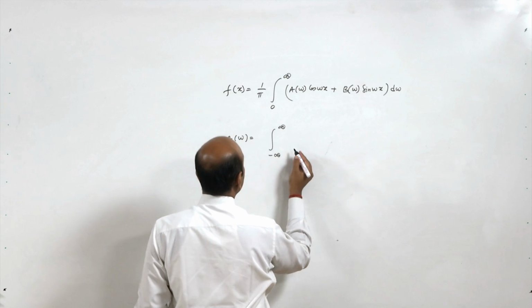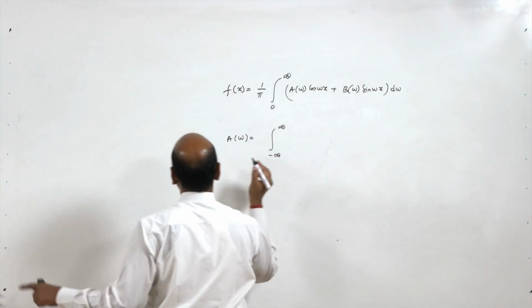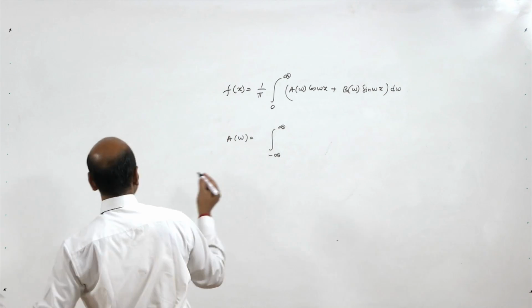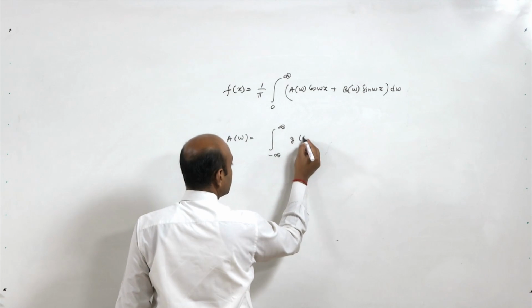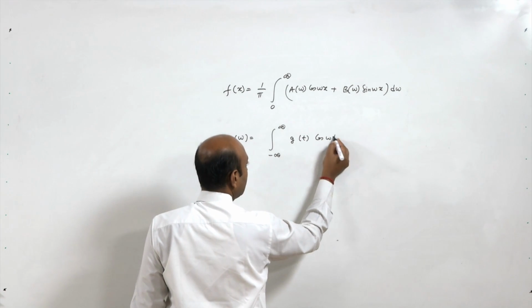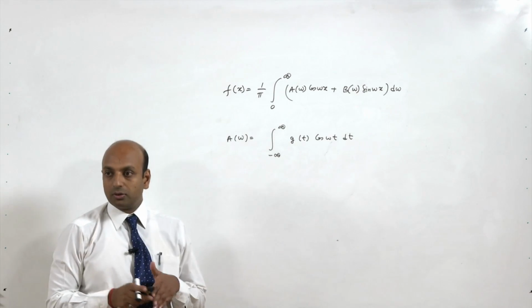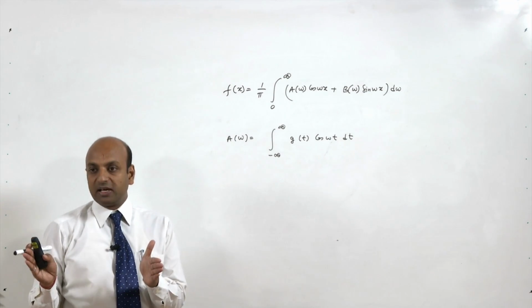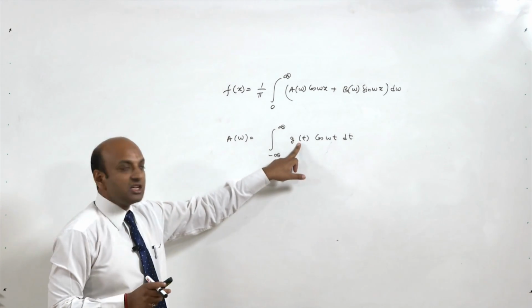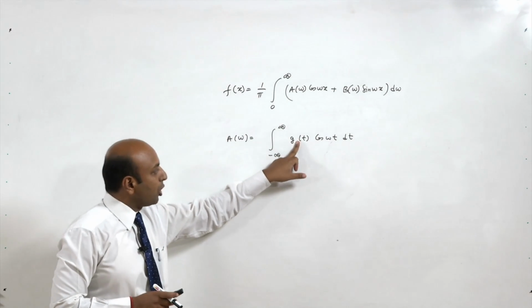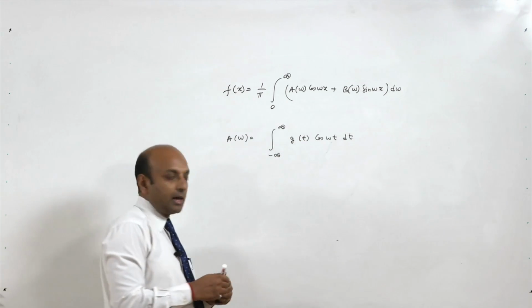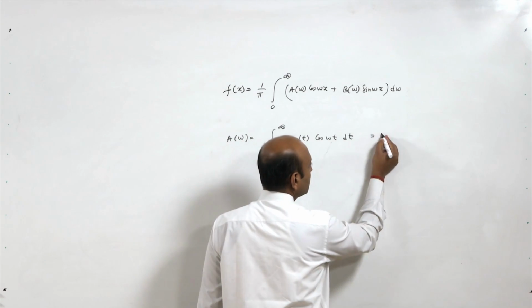Now here A(omega) is the integral of g(t) cos omega t dt, because for the full range minus infinity to plus infinity we have g(t), and this g(t) is an odd function. Odd into even is an odd function, so this will be 0.